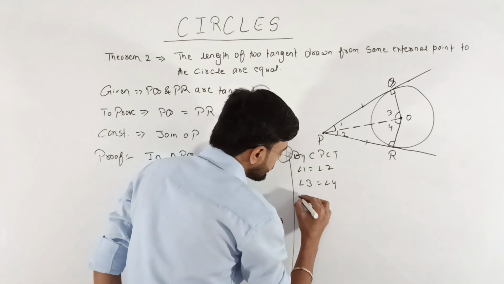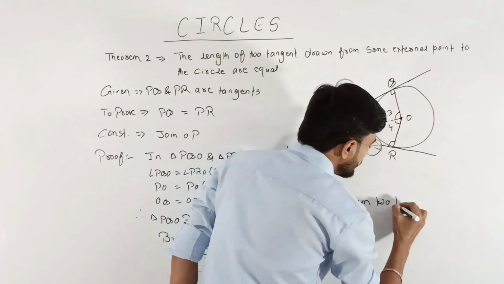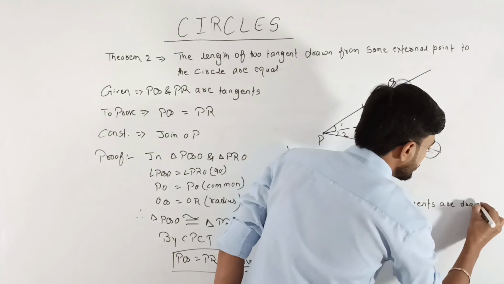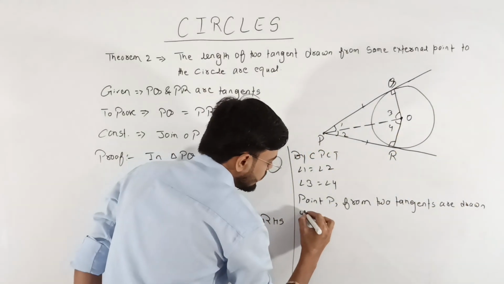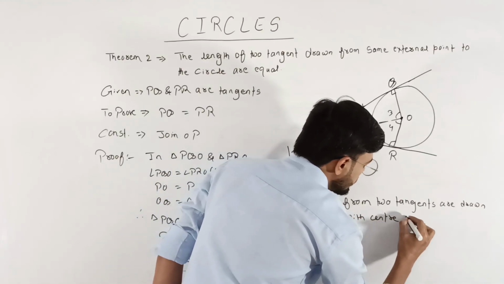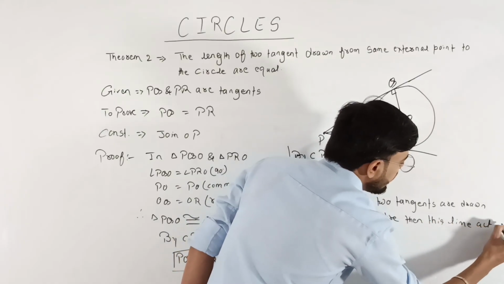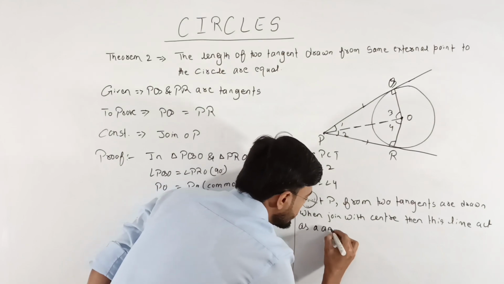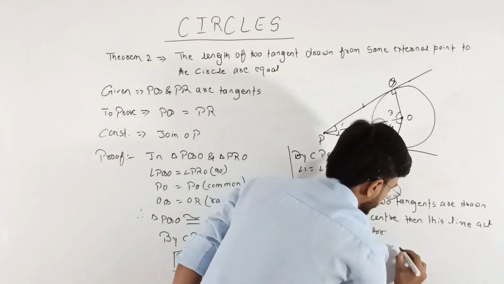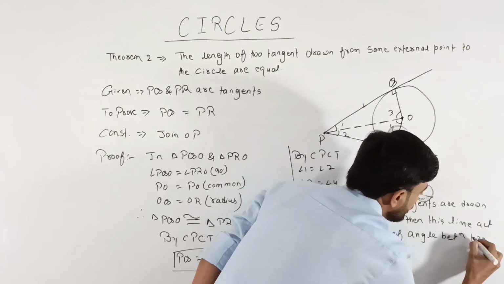Okay, so I write it as a statement: from point P, two tangents are drawn, when joined with the center, then this line acts as an angle bisector of the angle between two tangents and the angle between the radii.